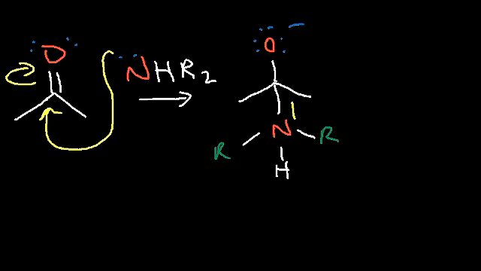So at this point, we can either use water to grab a hydrogen from the nitrogen, or we can use water to transfer a hydrogen onto the oxygen. Now the solution is slightly acidic, so right now there's more hydronium ions than there are hydroxide ions.